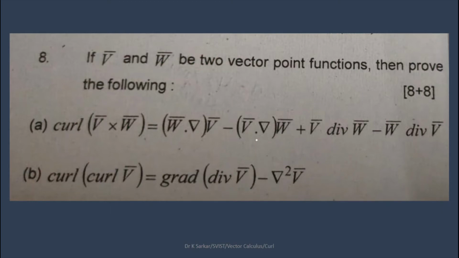Let us first work out question A, and let us write it in our convenient notation.